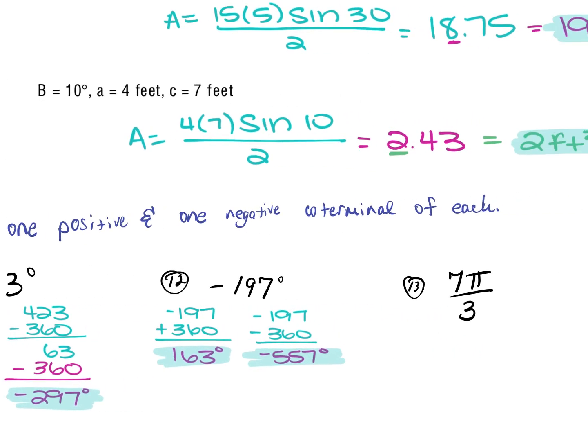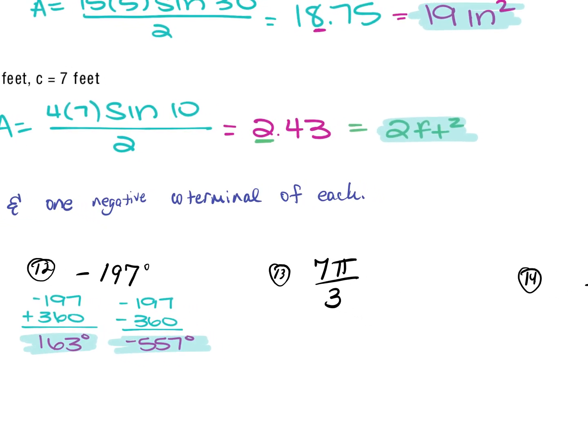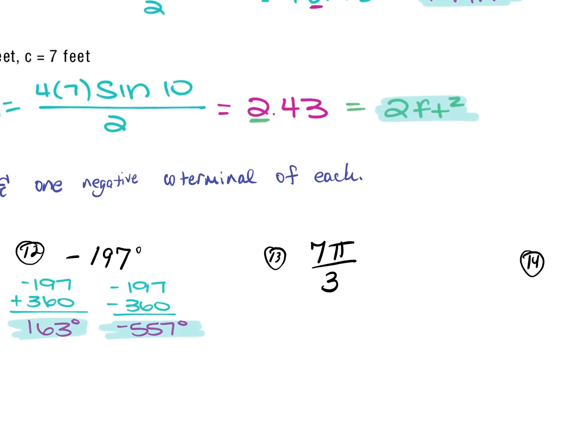For number 13, you have 7 pi over 3. So 7 pi over 3, you can either turn it into degrees and work with the degrees, or you can keep it as radians. If you keep it as radians, you're going to add and subtract 2 pi to that because 2 pi is equivalent to 360 degrees.